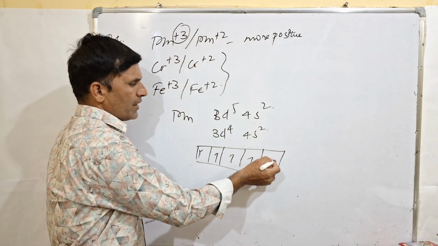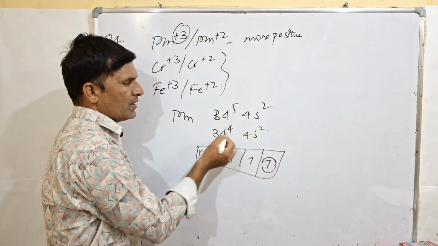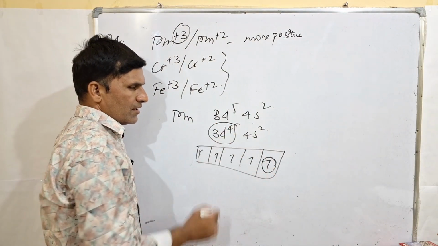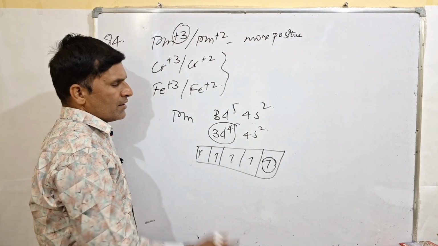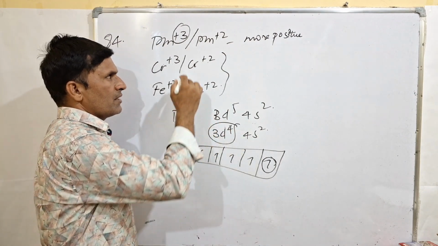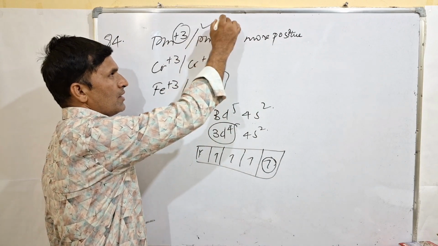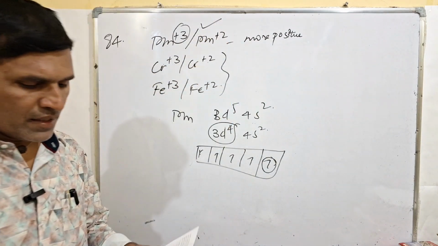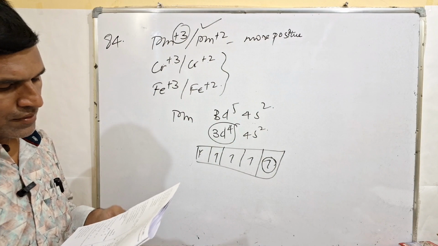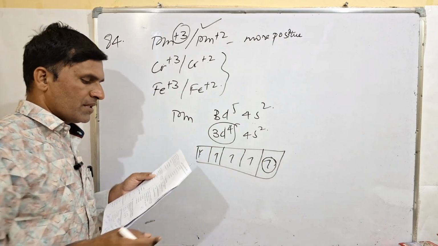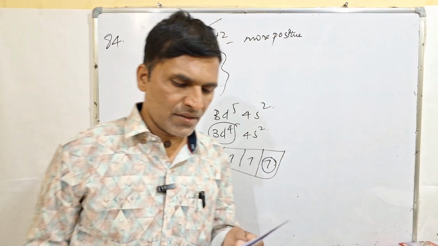So it has a tendency to take up one electron to make the d subshell half-filled and attain extra stability. Because of that reason, it will always be more positive compared to the other two. So the first option is given as d4 to d5 configuration.